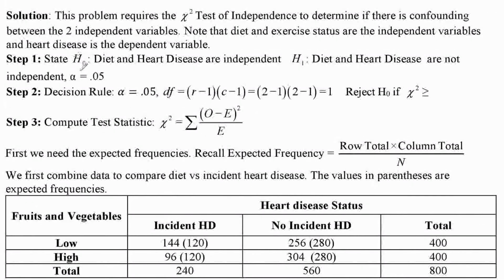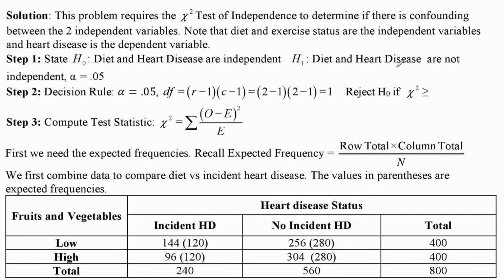So our null hypothesis is going to be that diet and heart disease are independent. There's no association between this additional variable of diet and the outcome, heart disease, the dependent variable. And H1, the research hypothesis, is going to be that diet and heart disease are not independent. That is, there is an association.